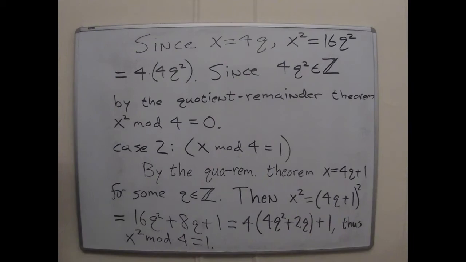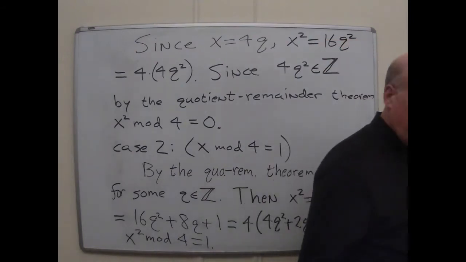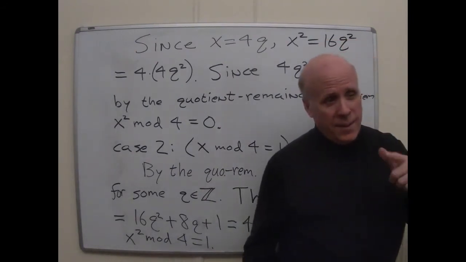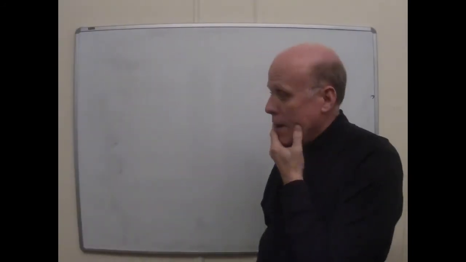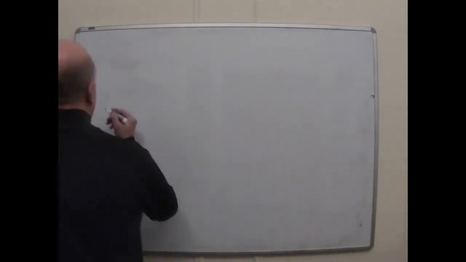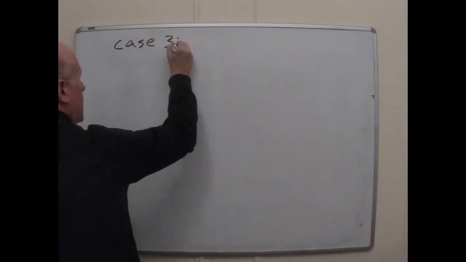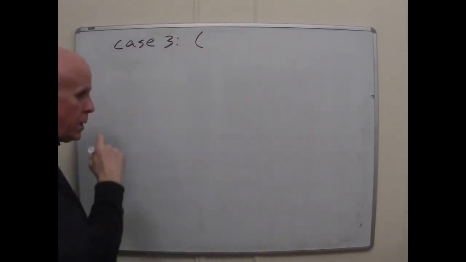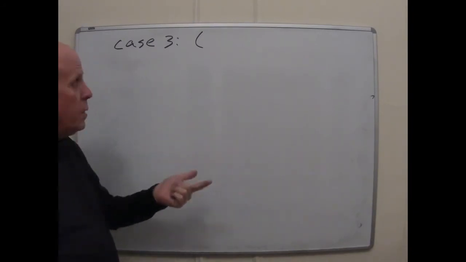Well, we're halfway there. What's case 3 going to look like? What's case 4 going to look like? Honestly, really similar to the ones we've just done, but a notch more complicated. So we're on to case 3. Which ones have we handled so far? x is 0 mod 4 or 1 mod 4.